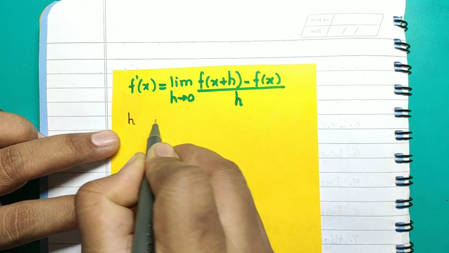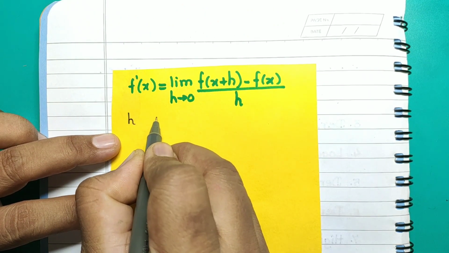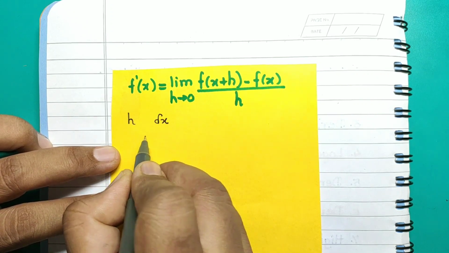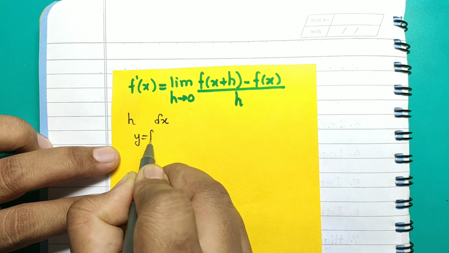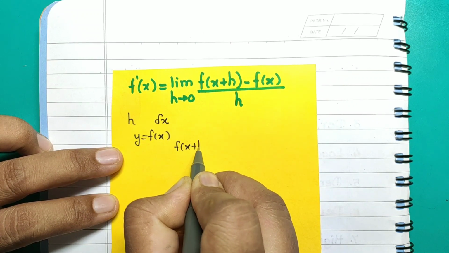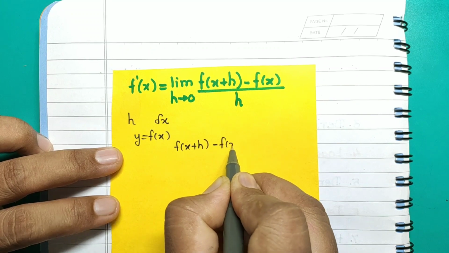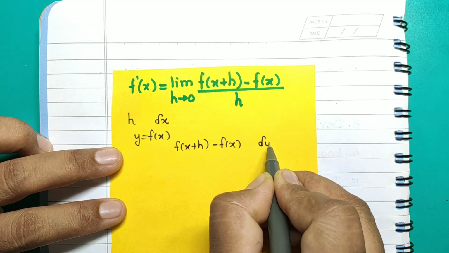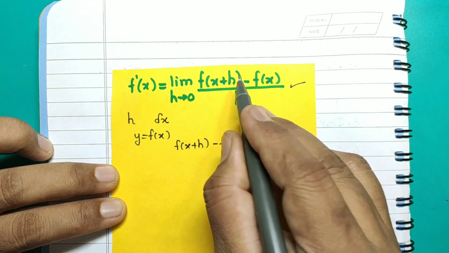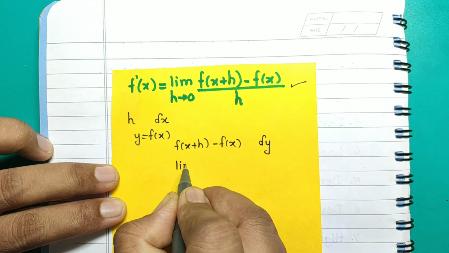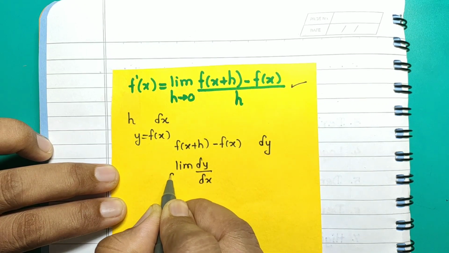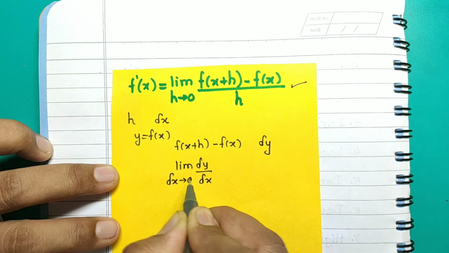Here h is a small increment in x, say delta x, and therefore the corresponding increment in y is equal to f of x plus h minus f of x, say delta y. So the limit on the RHS of this equation becomes the limit of delta y by delta x as delta x tends to 0.